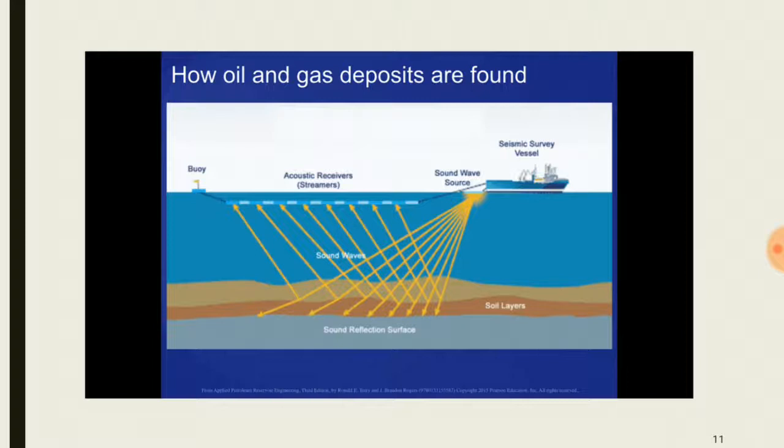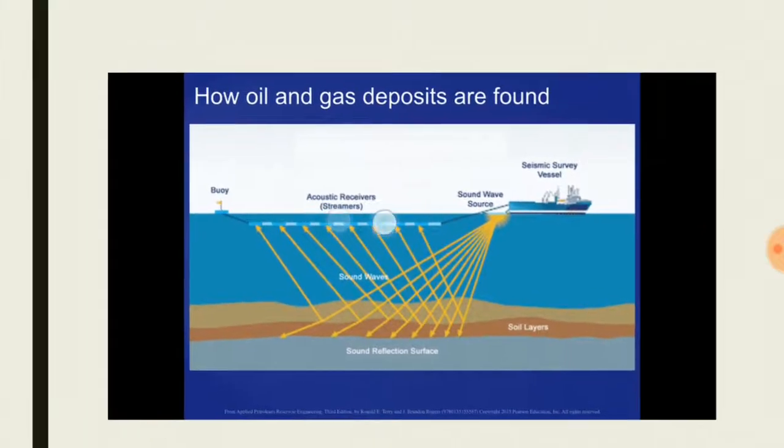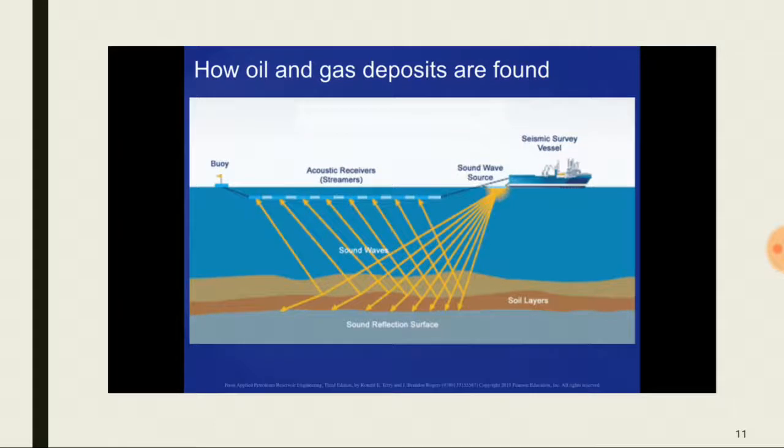The receiver will record those waves according to the intensity of the waves which are reflected back. This data will be processed in a computer, and it will give out a graph or a picture of the ground.